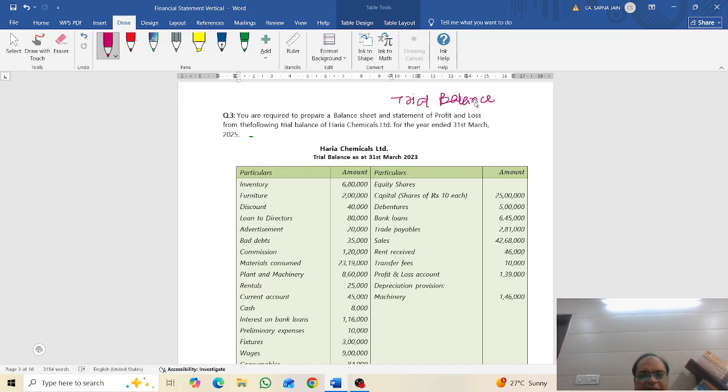And after the trial balance, now we can prepare the statement of profit and loss account as well as balance sheet.